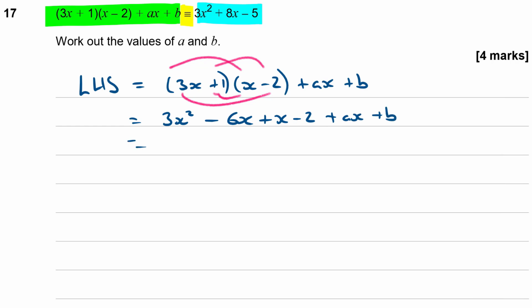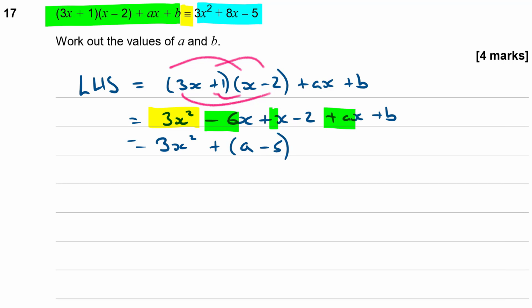Okay, now I can start collecting like terms together. I just have the one term in x squared, so I'm going to leave that at the front. But for my terms in x, I've actually got 3 different terms. I've got a minus 6x here, a 1x here, and an ax here. So I can say that what I've got is a plus 1 minus 6, which is minus 5.